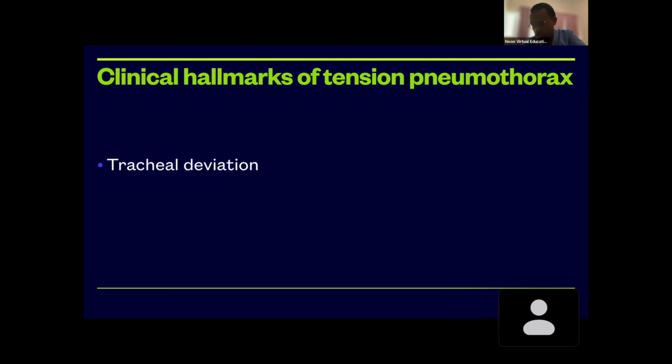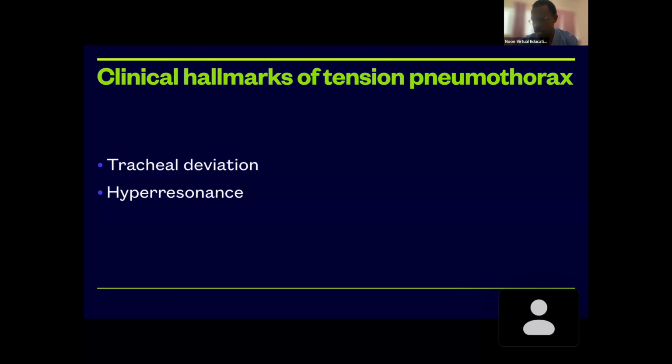Hamid said in the chat: hypotension, raised JVP, tracheal deviation. Hypotension is very specific, and evidence-based studies and evidence-based medicine link it to tension pneumothorax.